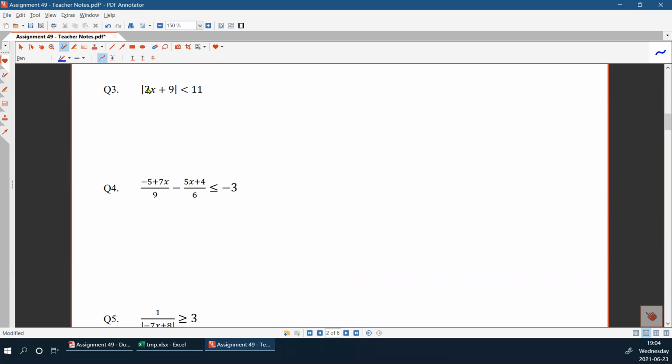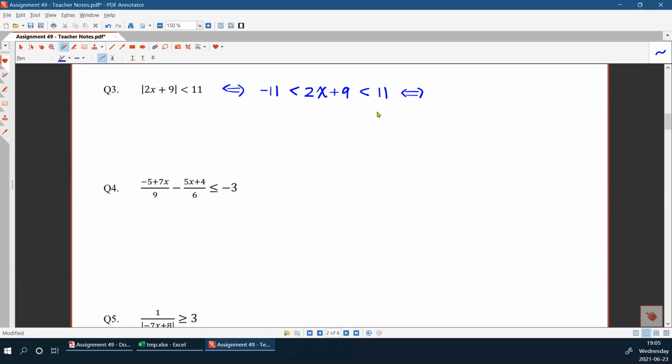That means the distance between this number and 0 is less than 11, right? So this is equivalent to the number inside the absolute value symbol should be less than 11 and greater than minus 11, right?